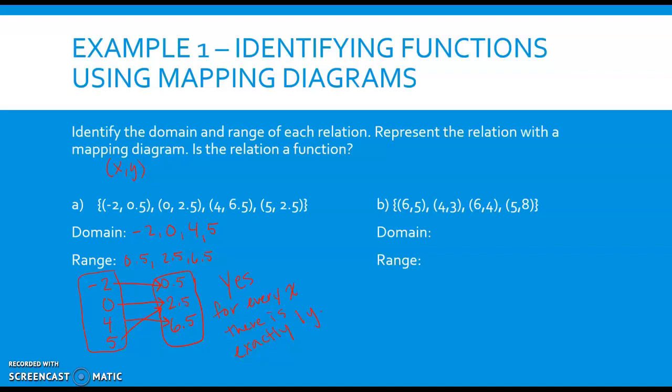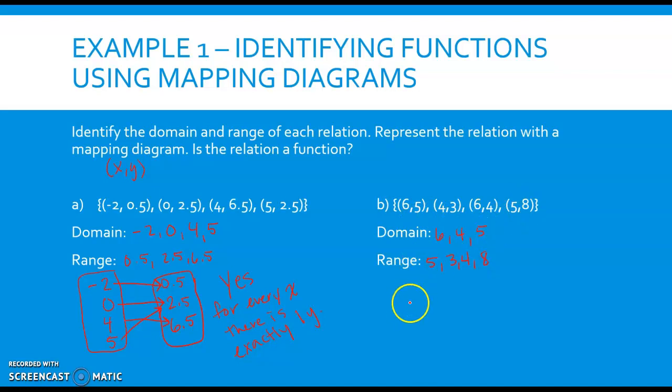All right. Next. And again, when I write my domain, I just write them as I see them, and then when I write my bubble, I put them in order. So we have 6, a 4, we already have the 6 written, and a 5. And then my range, my y values, I've got 5, 3, 4, and 8.